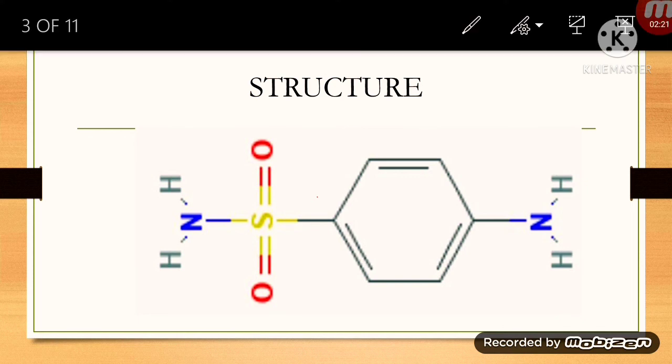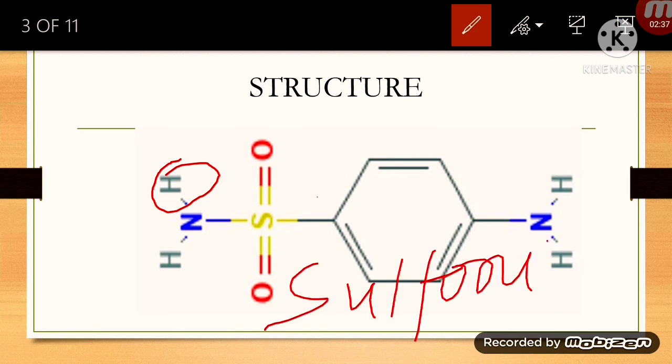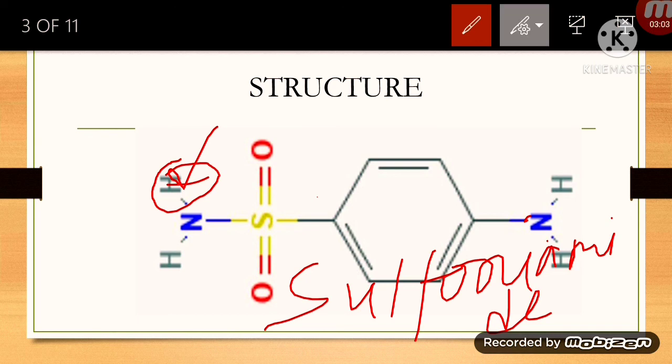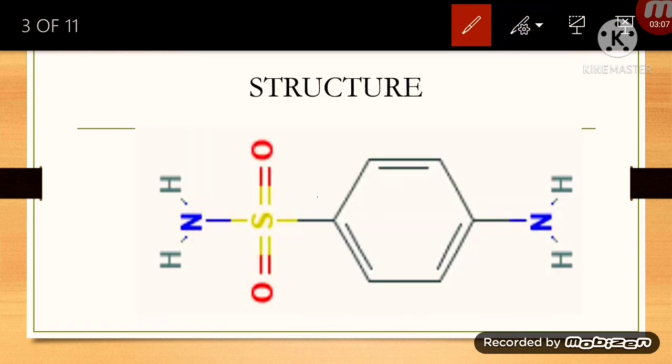The difference is that if it has an H group, then it is known as sulfanilamide. But if it has an R group, which may be a CH3 group or a CH2CH3 group, then it is known as a sulfonamide. So this is the basic ring structure of the sulfonamides.